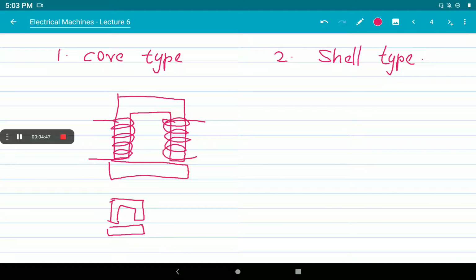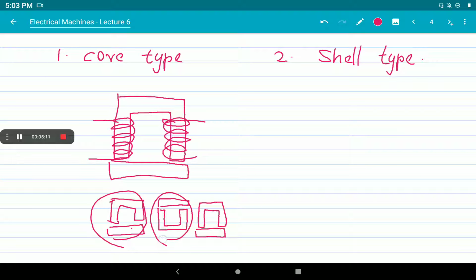One lamination is placed like this, and in the second lamination the C shape will be at the downside and the straight bar at the upside. Alternately we place another one in this manner. I think you understood that the upper lamination will be like this, below that we place in an alternative manner, and under that we alternately place like this.